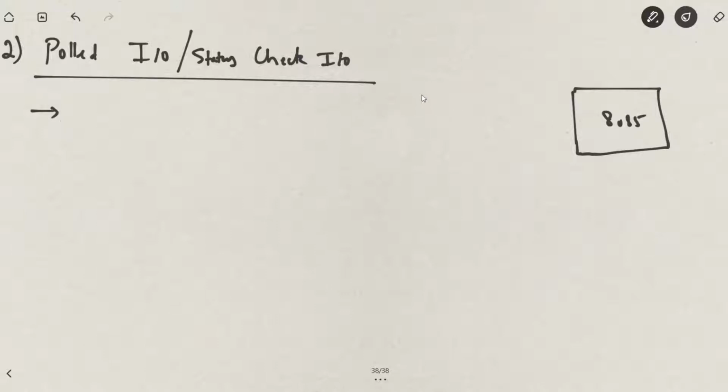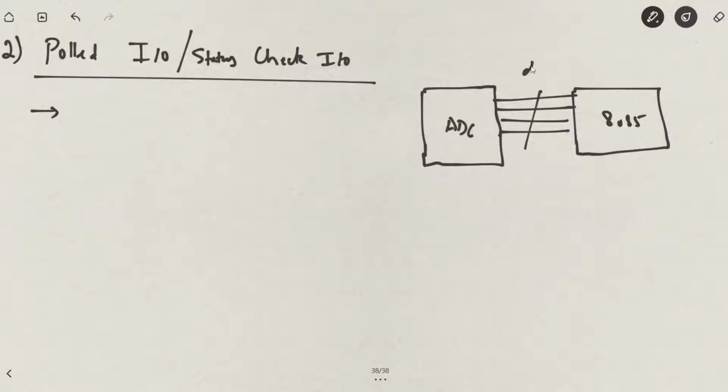It communicates with a device. Say for example, we have an ADC here. The communication lines between the ADC and the 8085, the data bus, we'll have 8 data lines.